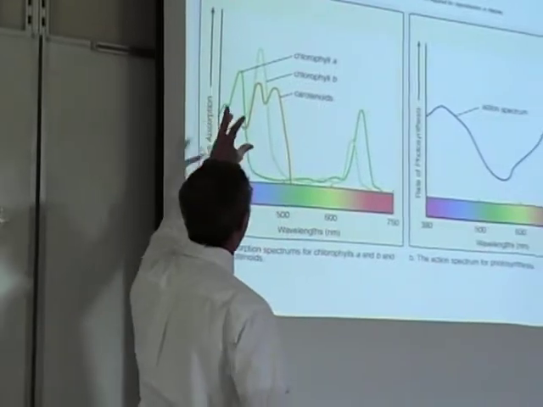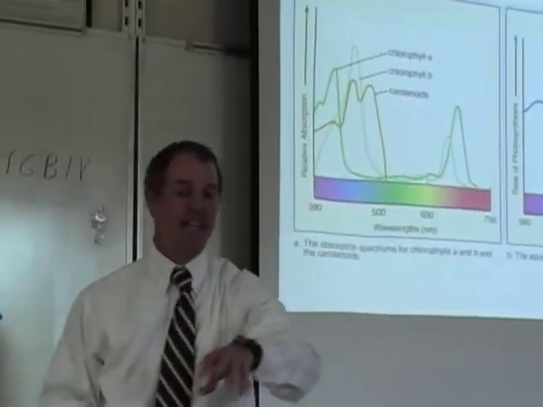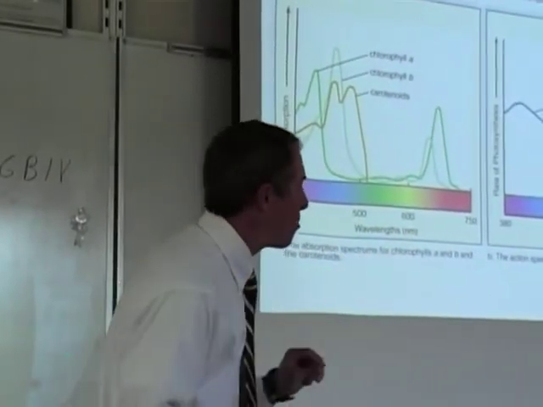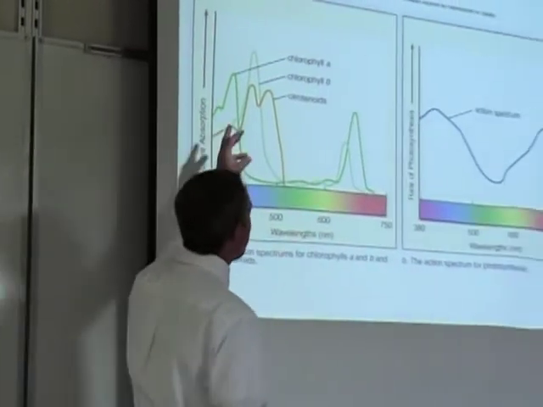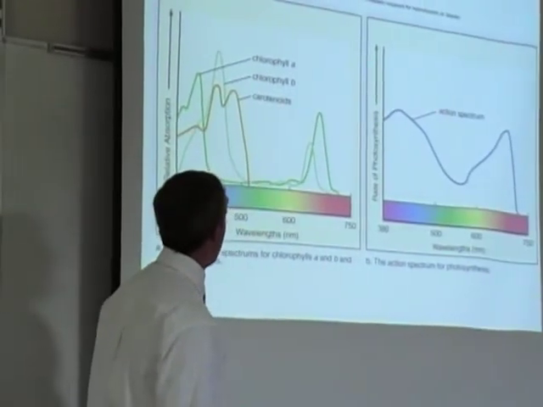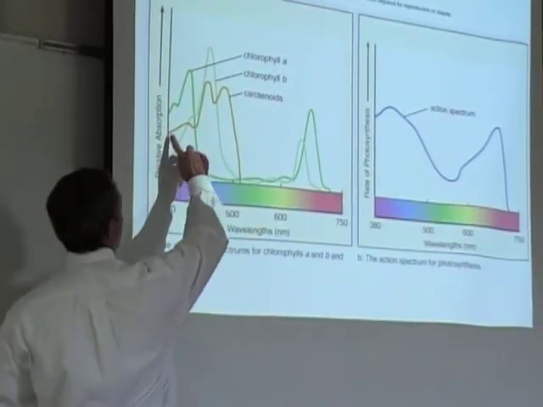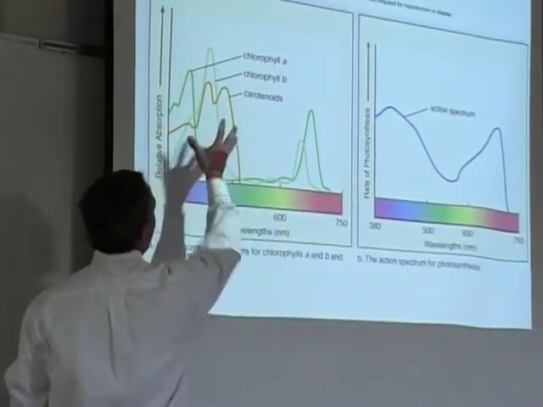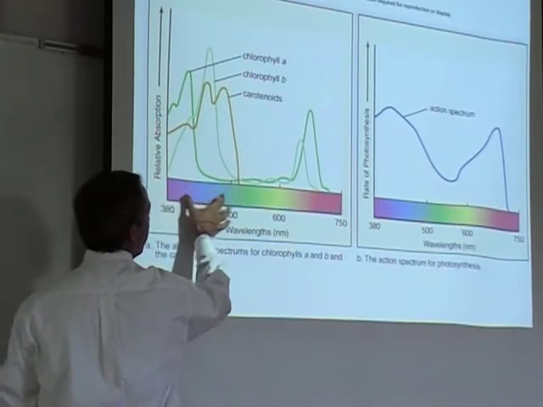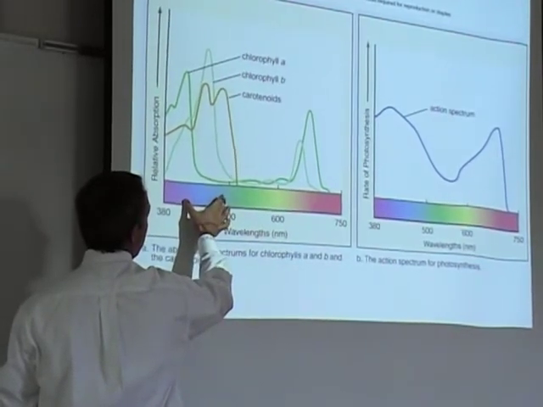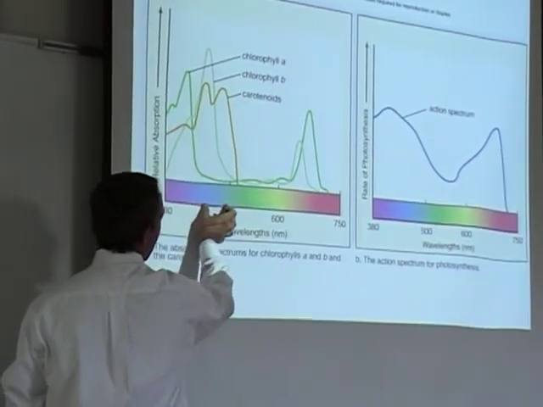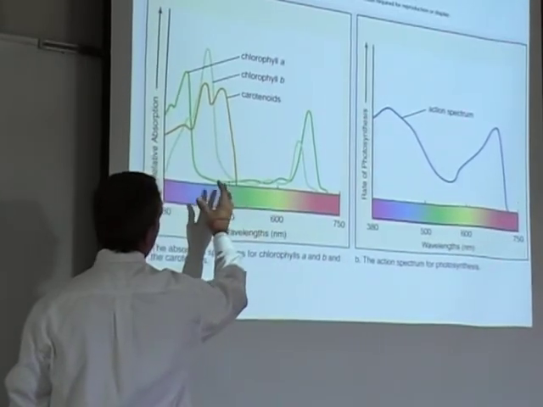What these are, pigments down inside the leaf on those thylakoid membranes. And the different pigments absorb light differently. Let's talk about carotenoids first, because that's the easiest one to see up here, this gold line. Carotenoids absorb blue light very well, and violet, and a little bit of green.